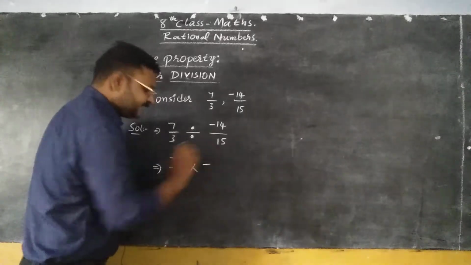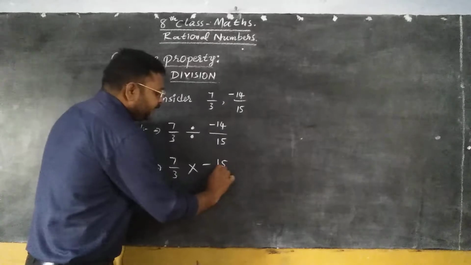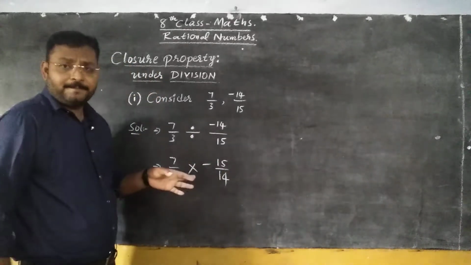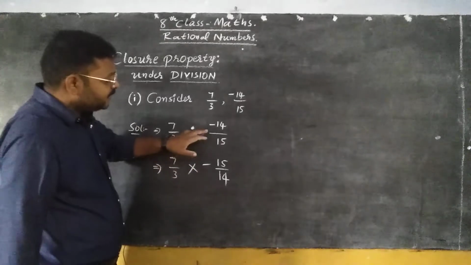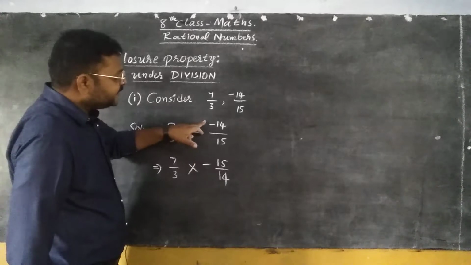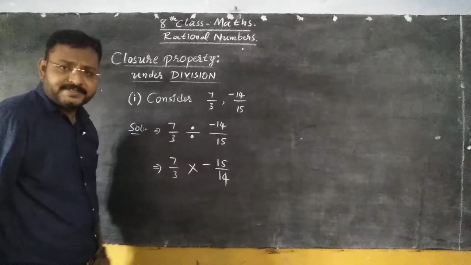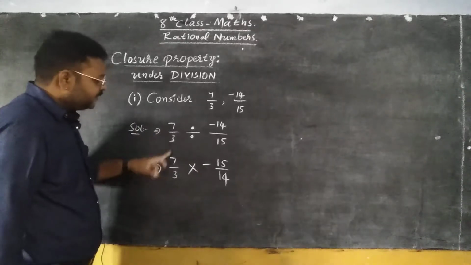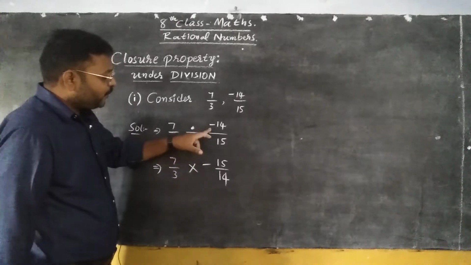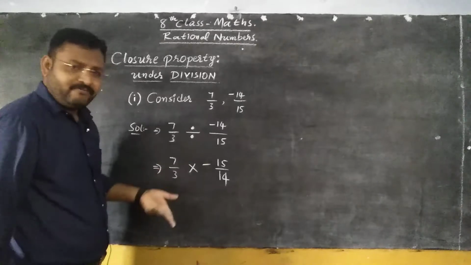That is, minus as it is, no change, and 15 by 14. Reciprocal means reverse form. 15 will be the numerator, 14 will be the denominator. So 7 by 3, instead of division, multiplication, and the reciprocal of minus 14 by 15 is minus 15 by 14.